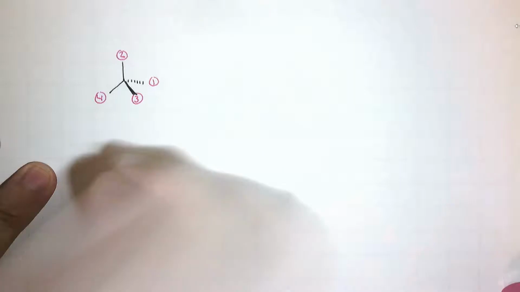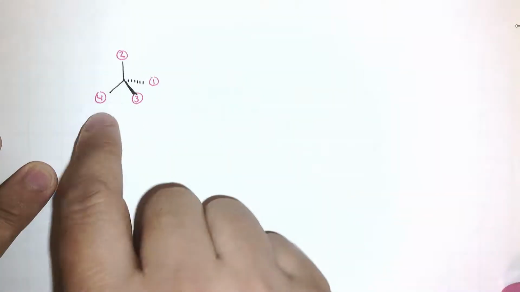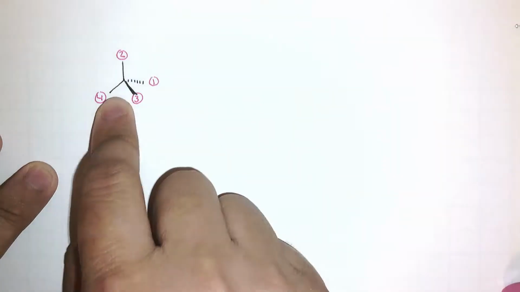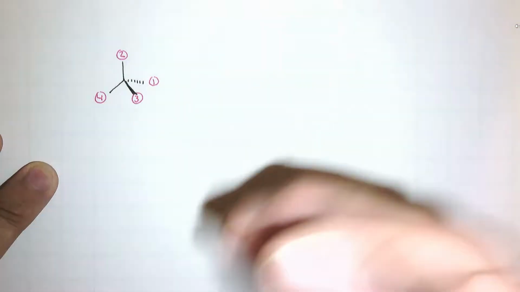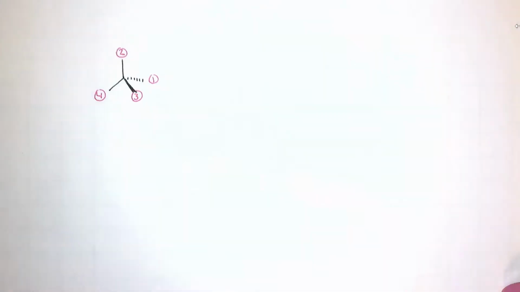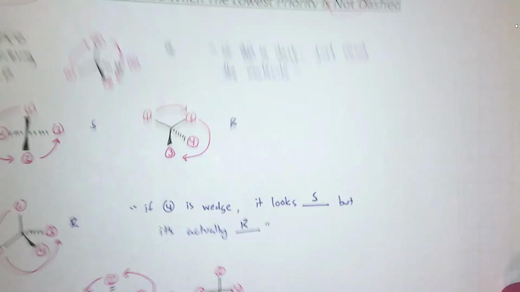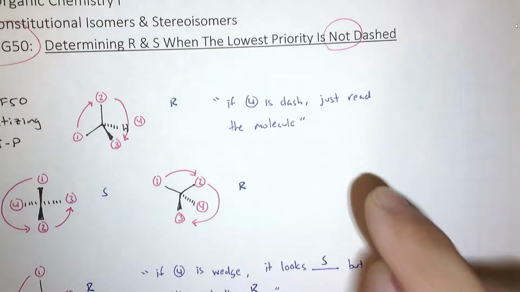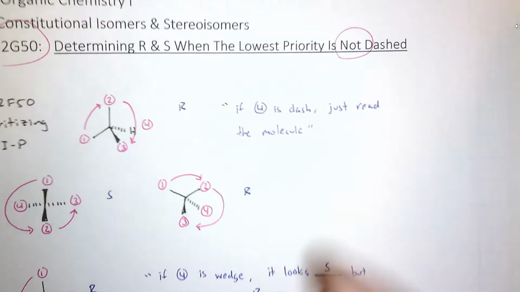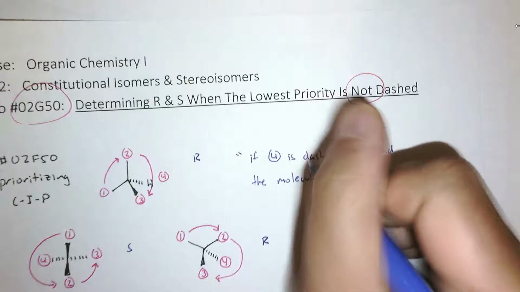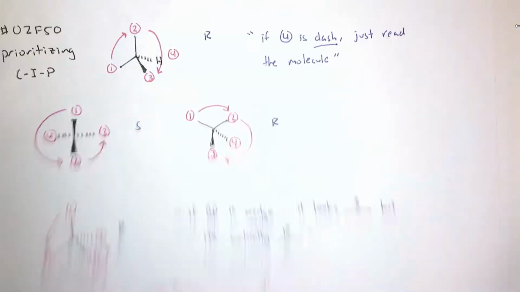Now, yes, for some molecules where the lowest priority is a line, you can go back and just read the molecule, or you could take the opposite. But if you get it right, that's just a coincidence, okay? Do not use these rules when assigning a molecule where the lowest priority is a line, okay? So we have dash, we have wedge, and we have line.